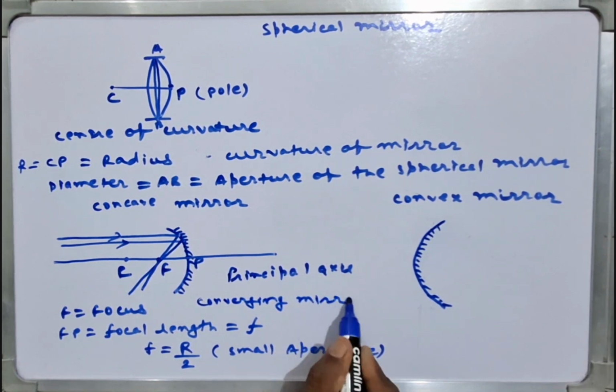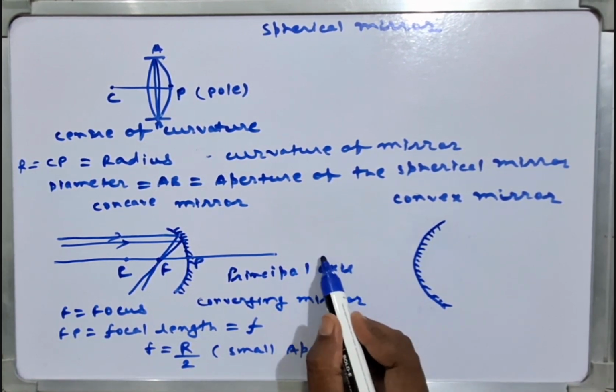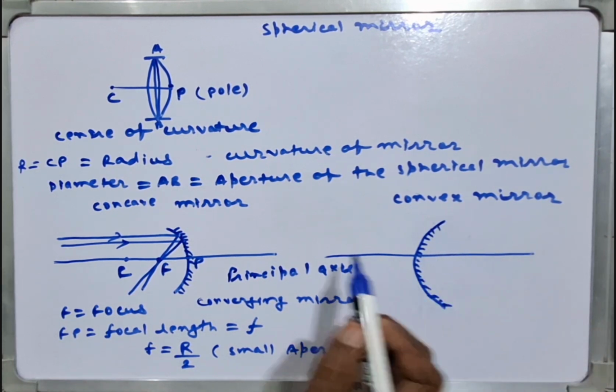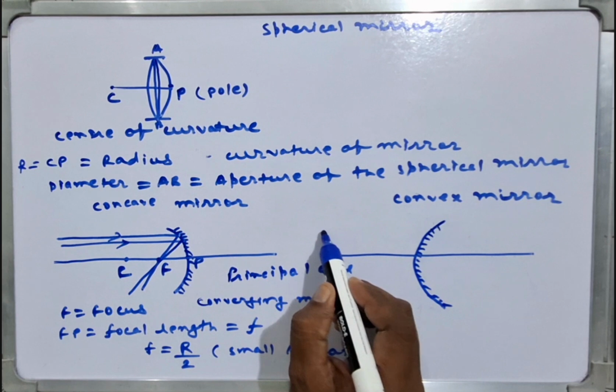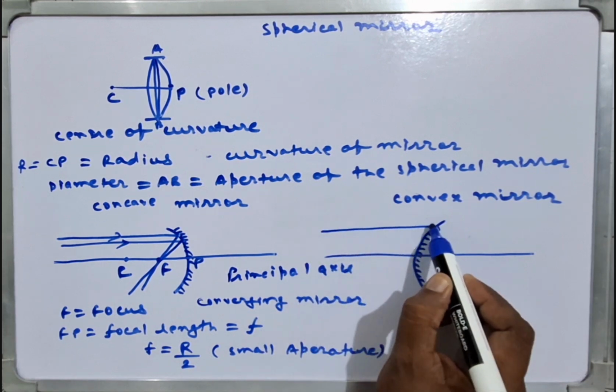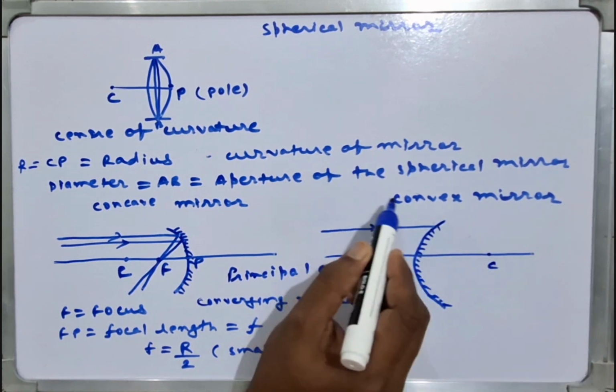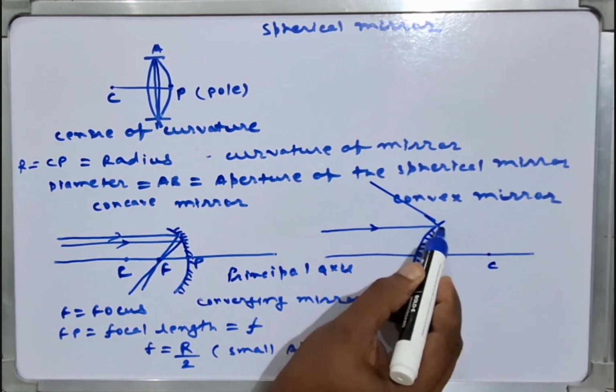Now what happens in the case of a convex mirror? When rays of light fall from infinity like this, they are reflected like this.